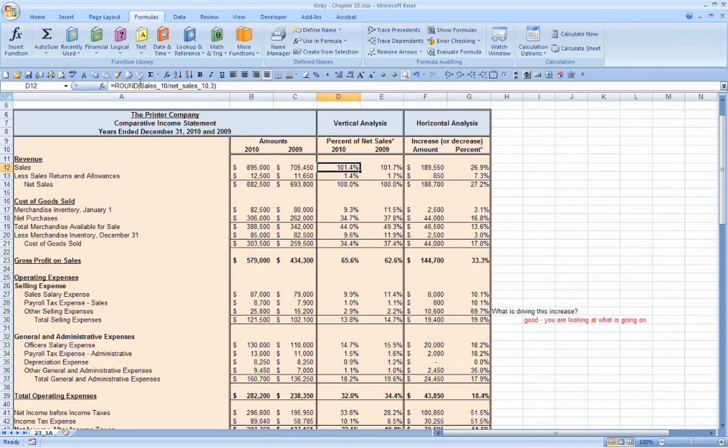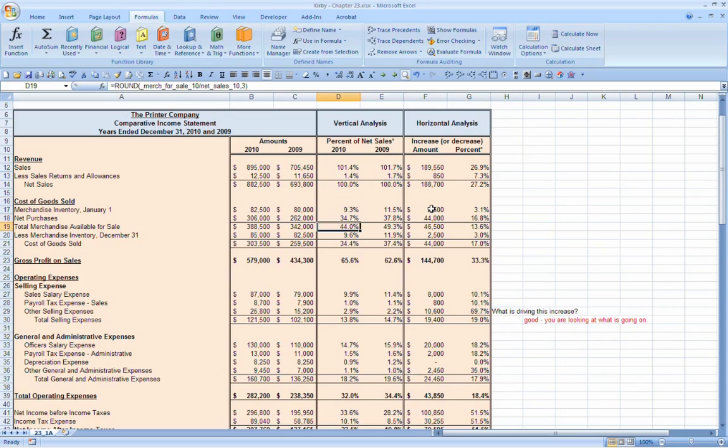So watch up here in the formula bar as I scroll down through these. The second one is returns for 2010 divided by net sales for 2010. If I go one column to the right to column E, it's 2009. So notice he's got returns 2010 and net sales for 10, and returns for 09 and net sales for 09.